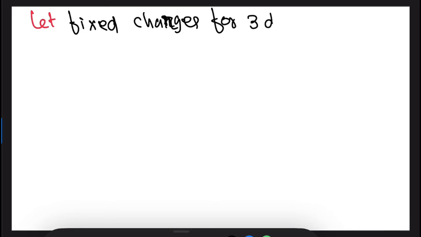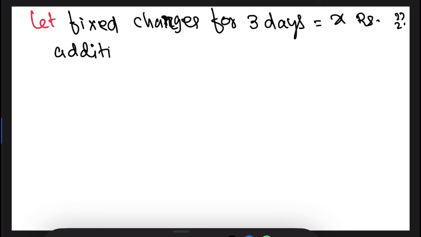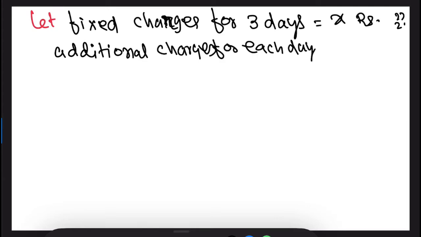For 3 days. How much rupees? Let's say x rupees. Then thereafter additional charges for each day. How much we don't know, so we will assume y rupees.